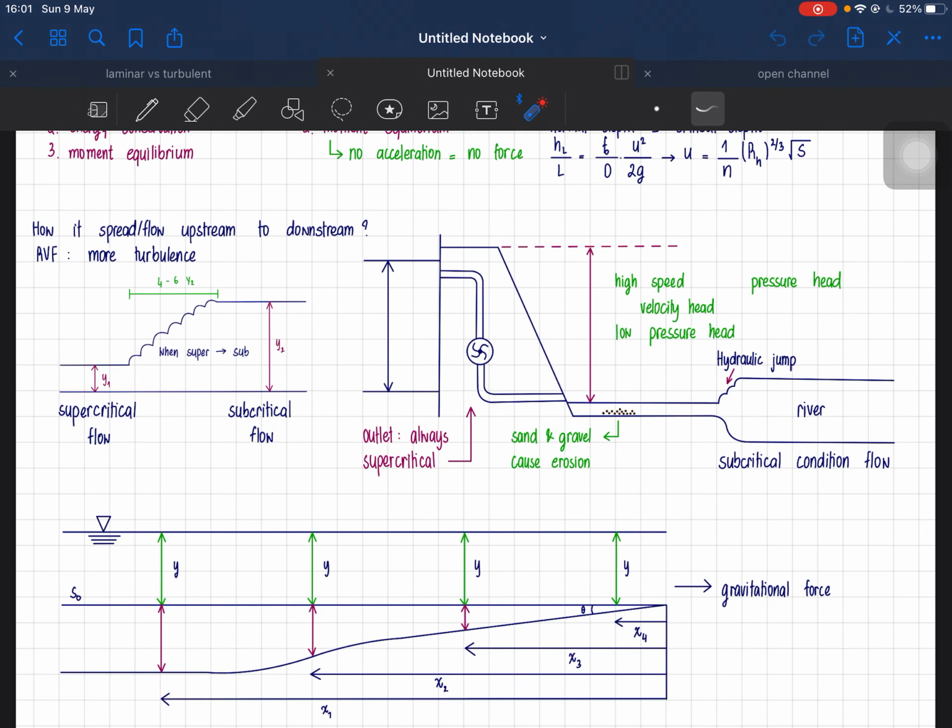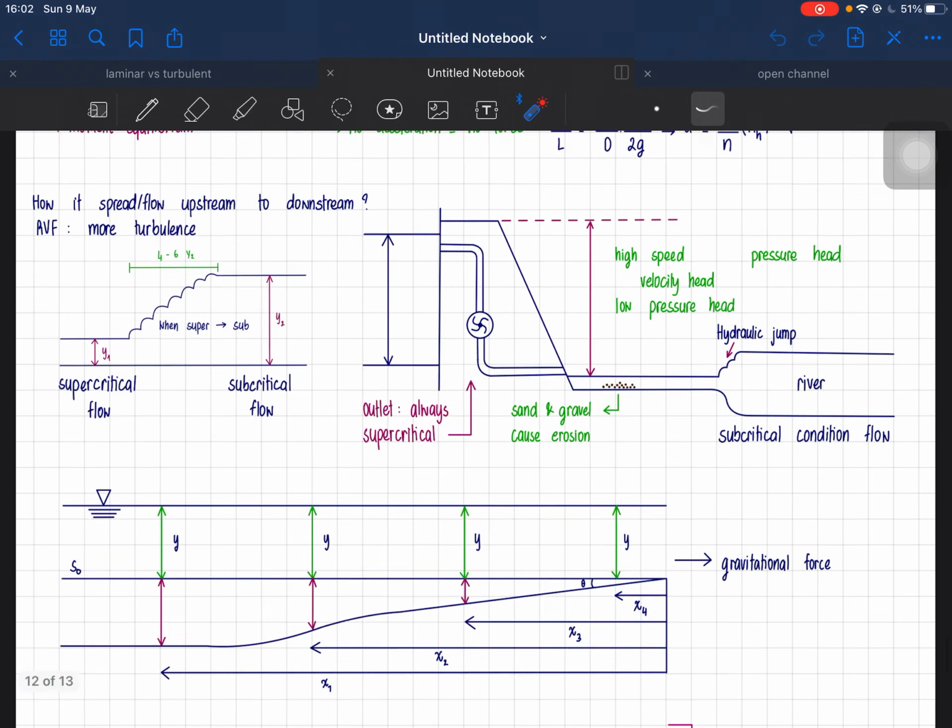A hydraulic jump is when the depth is quite low and then it jumps to a huge depth, so it creates some turbulence. The height is about 4 to 6 times the depth of the water. So when supercritical changes to subcritical, it creates a hydraulic jump.